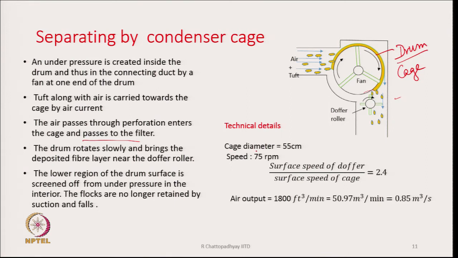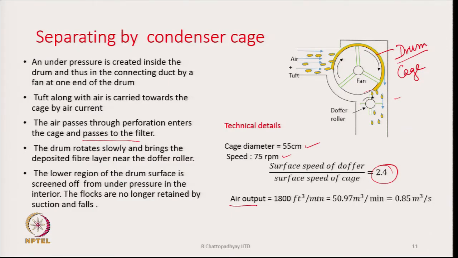So, typically cage diameter is around 55 centimeter, speed could be around 75 rpm, and the ratio of the surface speed of the Doepfer roller to the surface speed of the cage could be around 2.4. These are the things which can be changed or adjusted depending upon the flow rate of tuft and the kind of production that we are keeping in the blow room line.